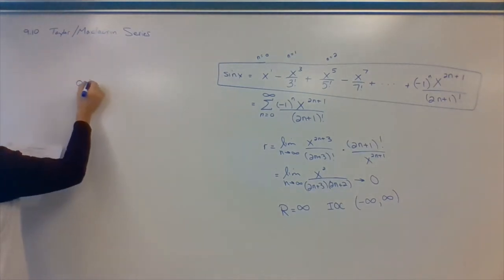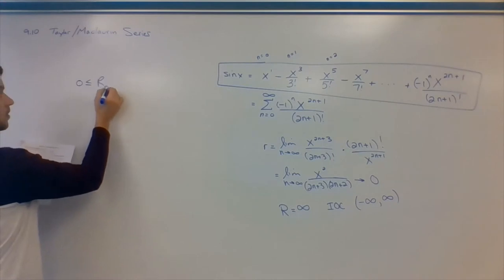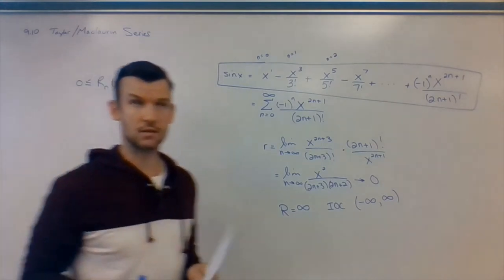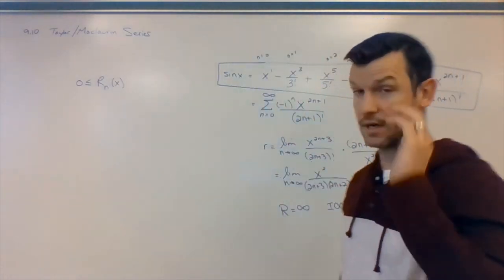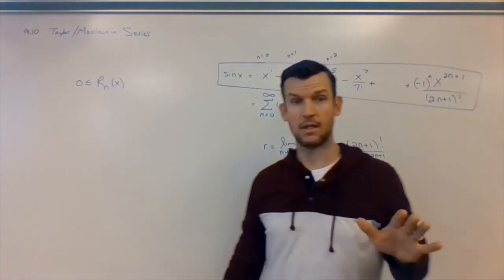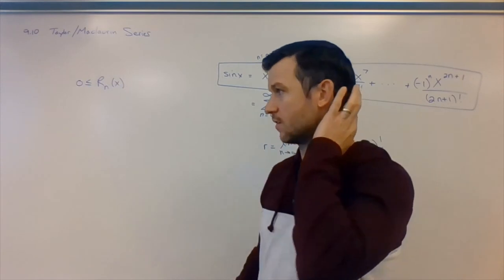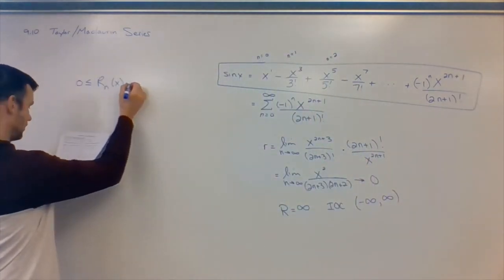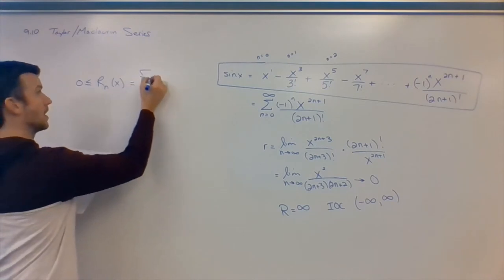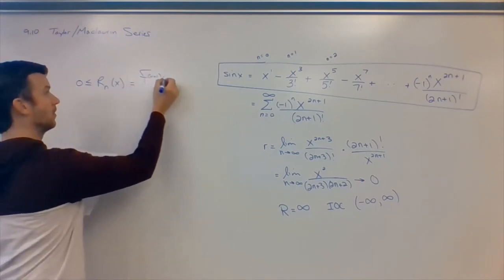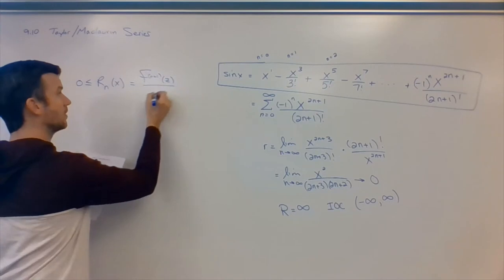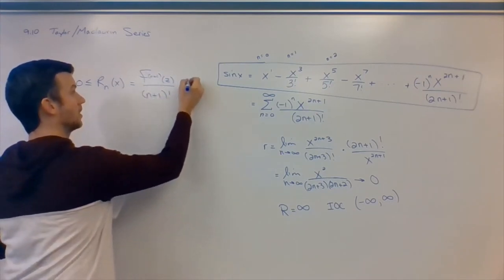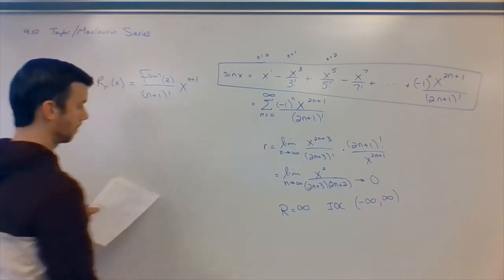We know that the nth remainder of this series is larger than or equal to 0, okay? It's an absolute value, it's not going to be less than 0. That nth remainder is equal to the n plus first derivative evaluated at z divided by n plus 1 factorial times x to the n plus 1. Okay?